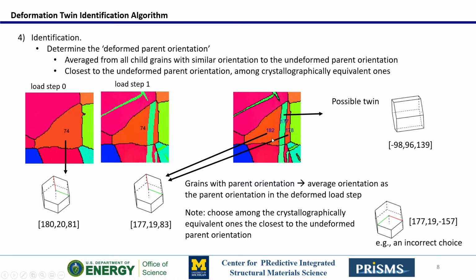So their average orientation is calculated to represent the deformed parent orientation. The remaining child grains, such as in this case grain 177, are determined for whether being a twin, and if it is a twin, which twin variant it is.